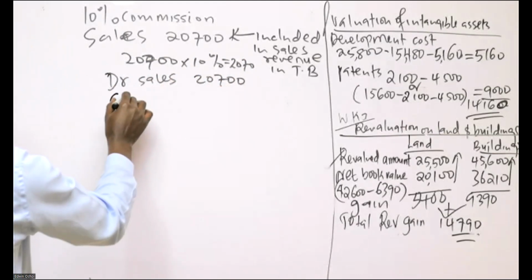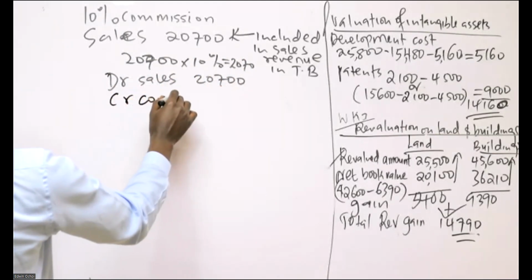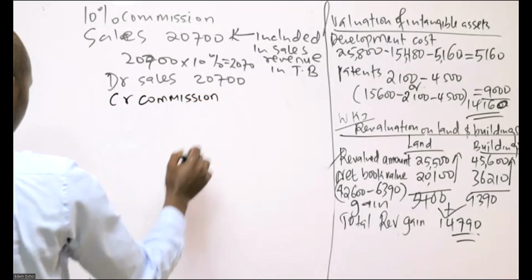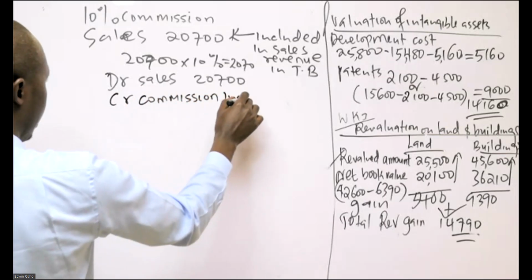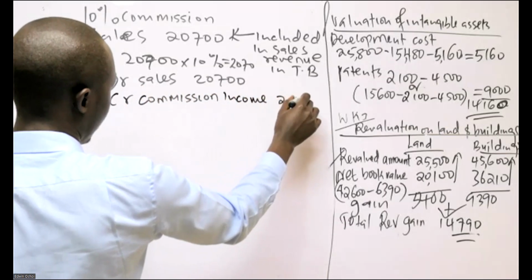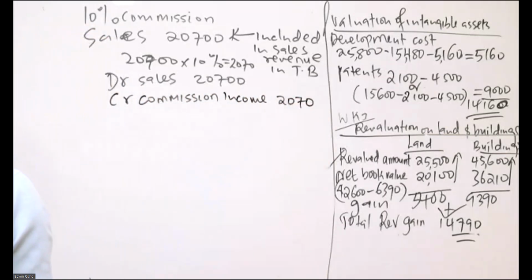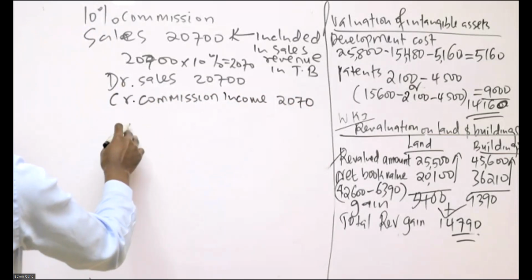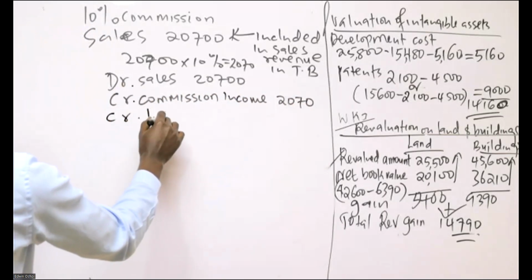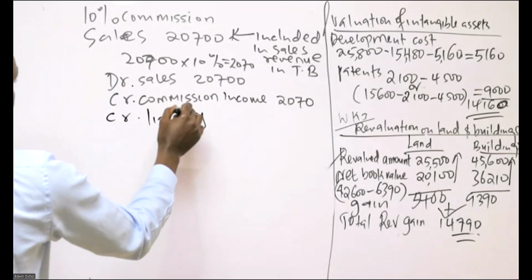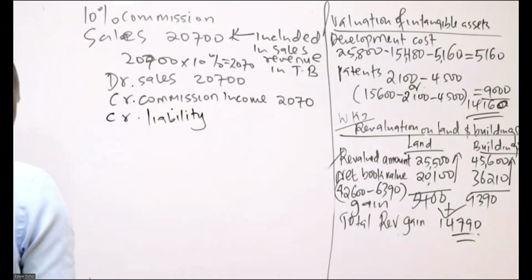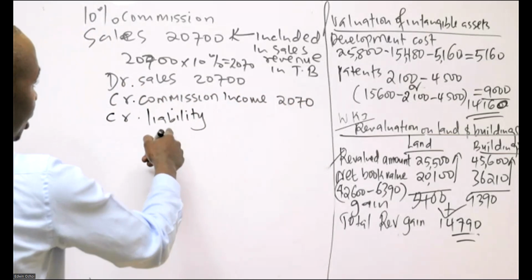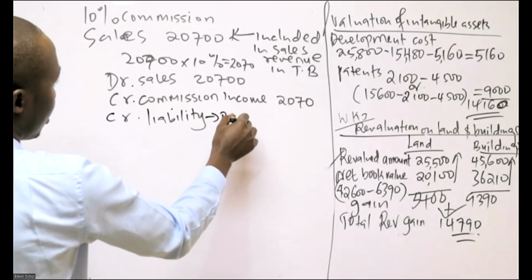Then we credit commission income of 270. Because Savannah had not remitted this amount, there's a liability, the difference, which he was supposed to remit to the principal, Majani.